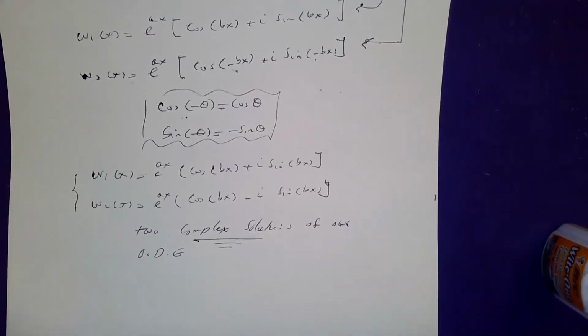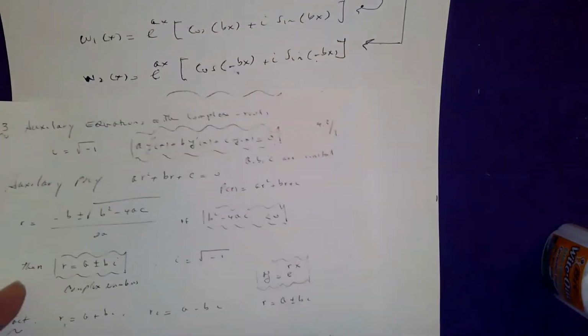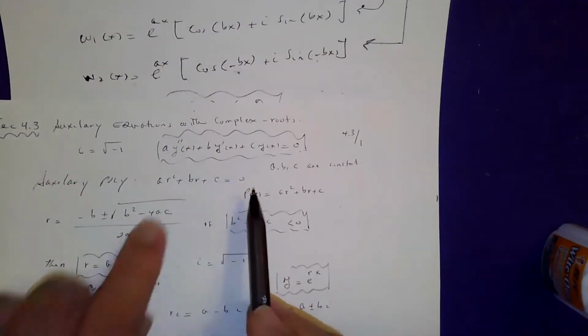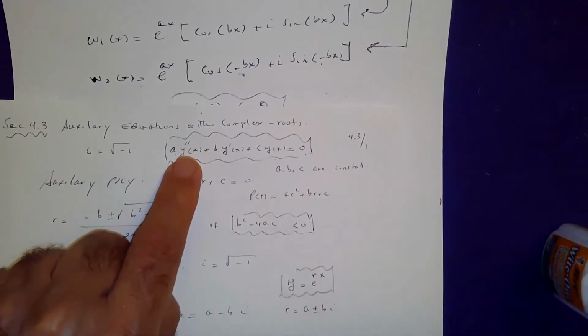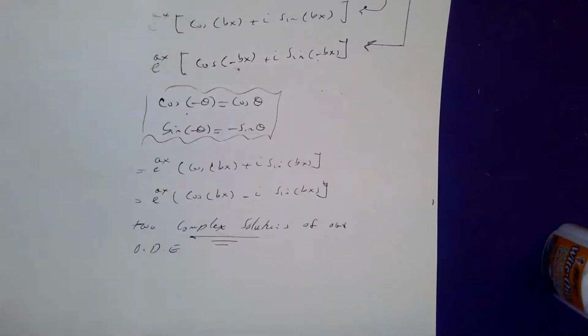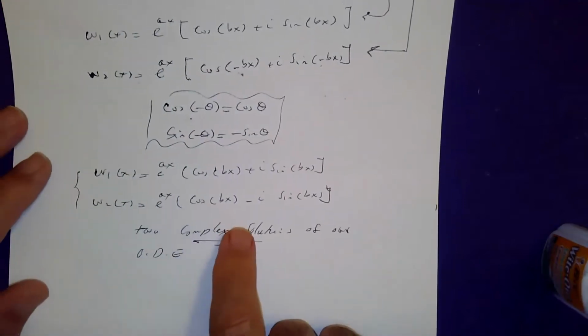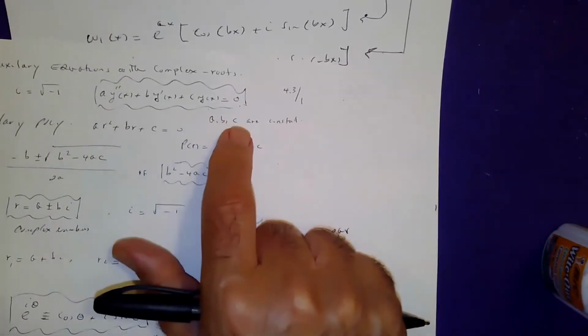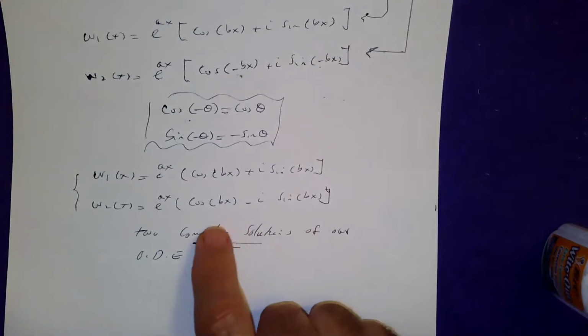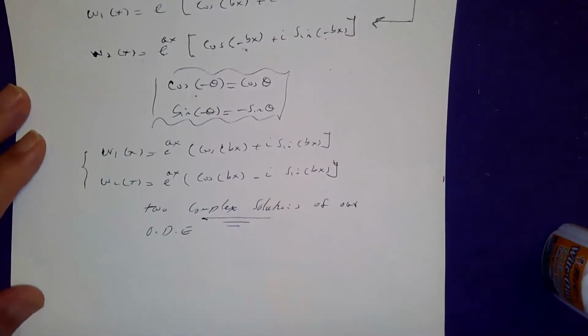What does that mean? Remember, our differential equation was based on a real function. Since the differential equation was based on a real function, I cannot have complex solutions for a differential equation where the functions are real. So somehow I've got to get rid of these i's. How?